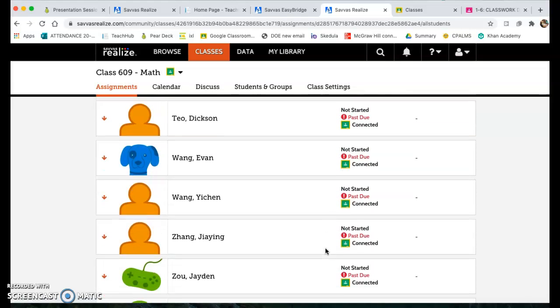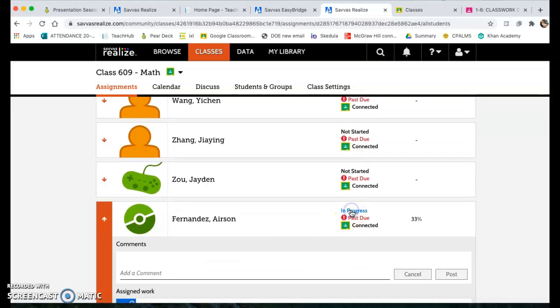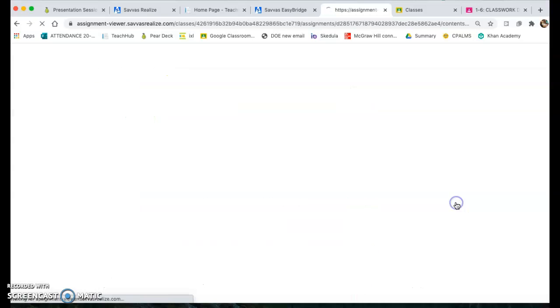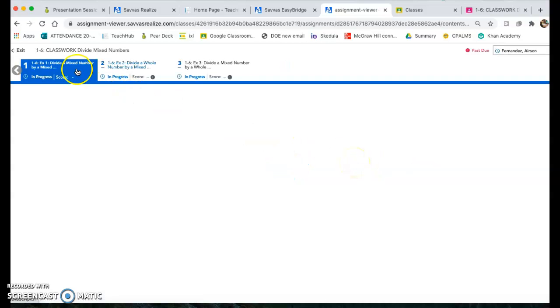I think this one has more than one. So these kids didn't do the work, but what can you do? Here you could see that exercise 1, 2, and 3, I usually put them together because I only ask them to do the number 2. If you look at the assignments, the first one you introduce to them, and the second one they do. So they could see it here, right?